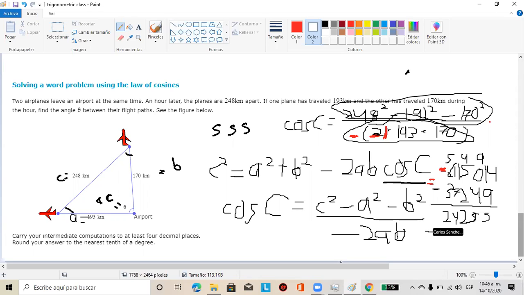Then that result we have to subtract 170 squared, which is 28,900.